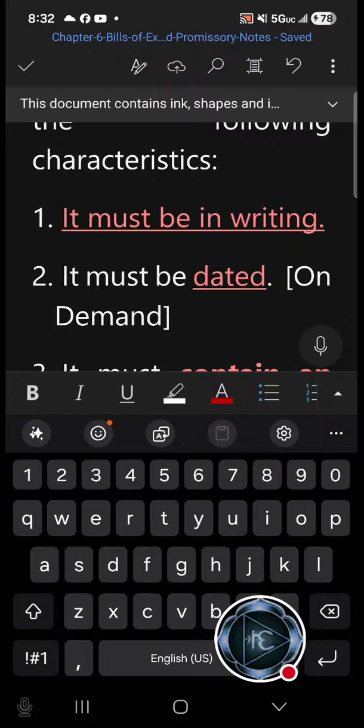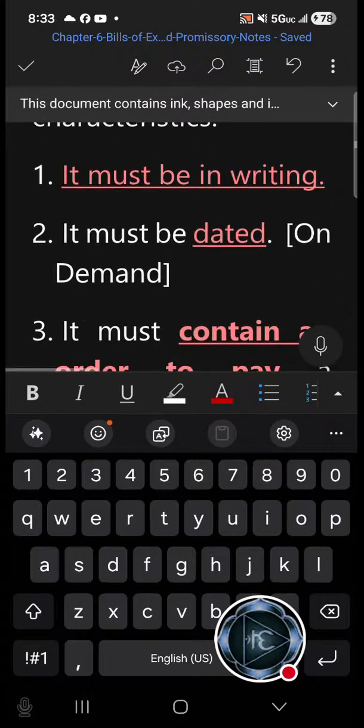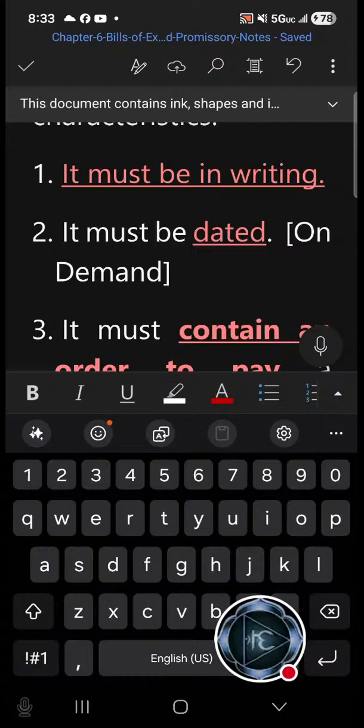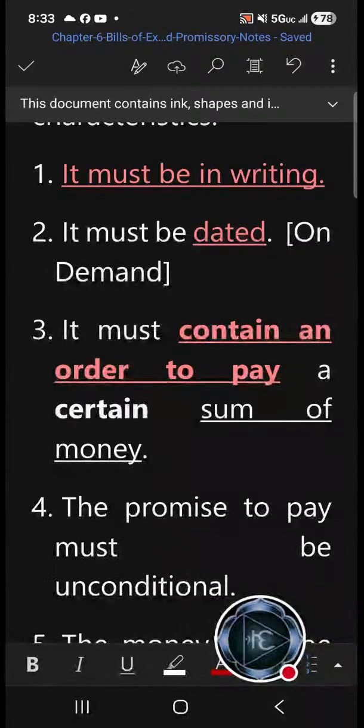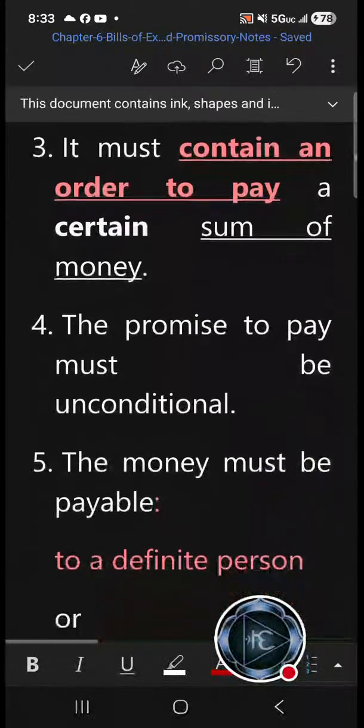If they dishonor it, the liability, meaning who can be sued. When you speak about liability, it's who can be sued for action or inaction. That's the simplest way to understand what liability means.